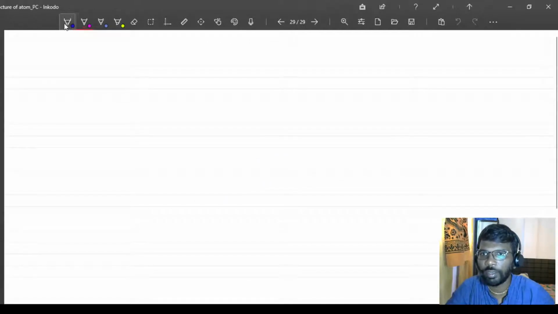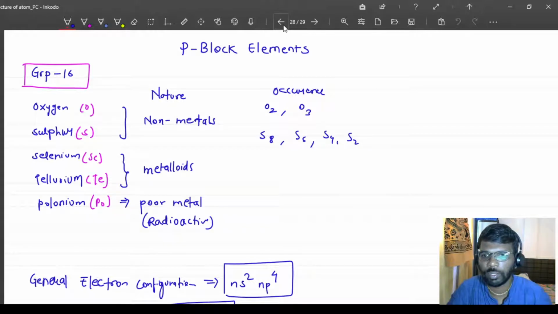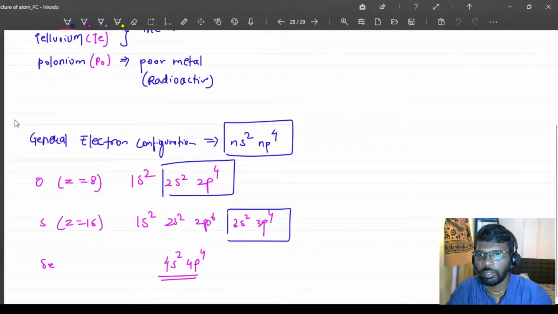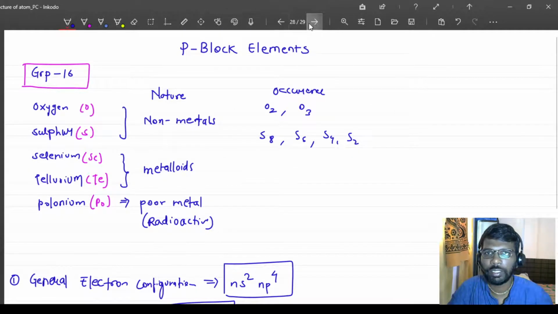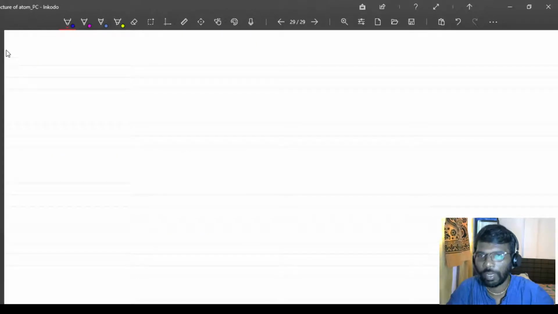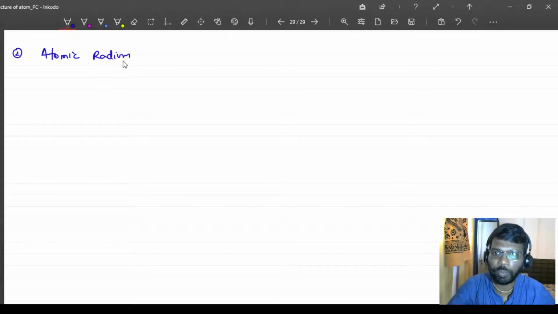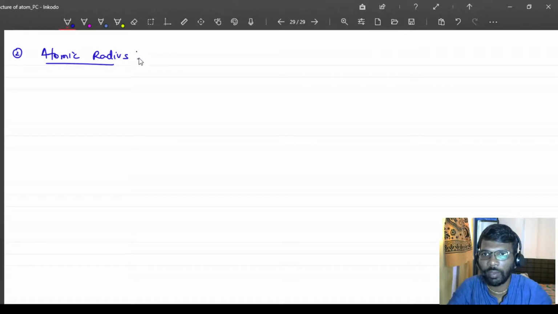Next is atomic radius, the next property we are going to discuss. First we discussed the general electronic configuration, and we also discussed the occurrence. Atomic radius will be a common trend with every group.